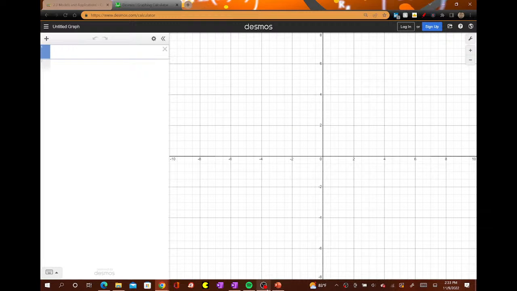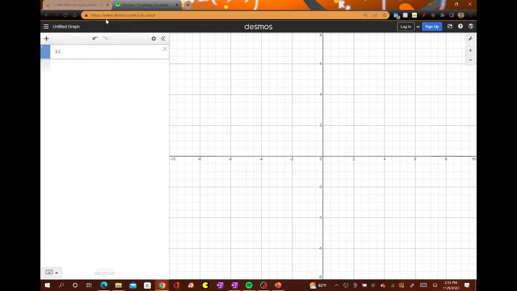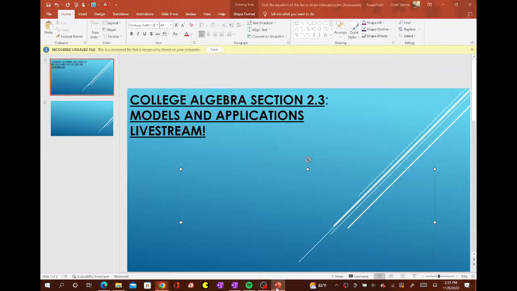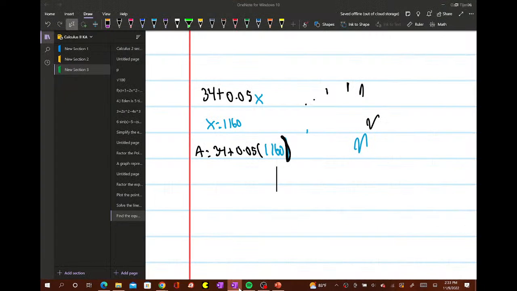We're going to use the graphing calculator to simplify that expression. 34 plus 0.05 times 1160 is 92, right? So this is how much company A would charge, $92.